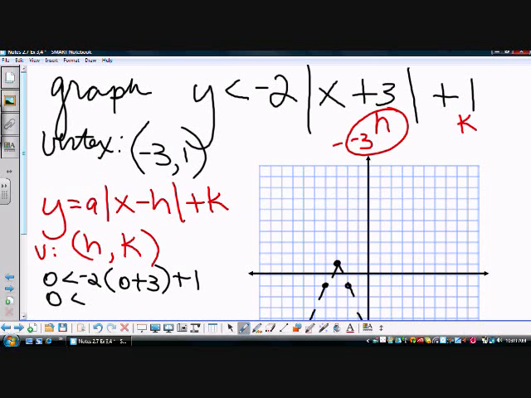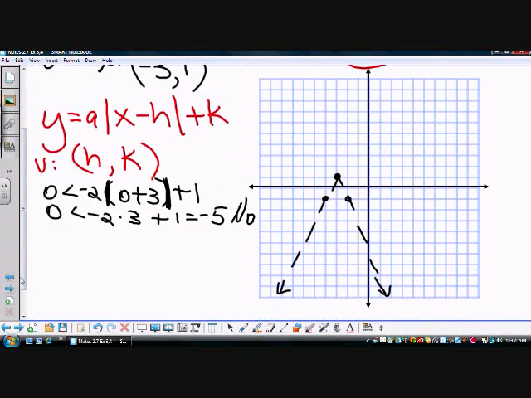Is 0 less than negative 2 times the absolute value of 3 plus 1, which is negative 5? Is 0 less than negative 5? No. So don't shade the side with the origin. The origin is on the outside. So don't shade the outside, shade the inside.